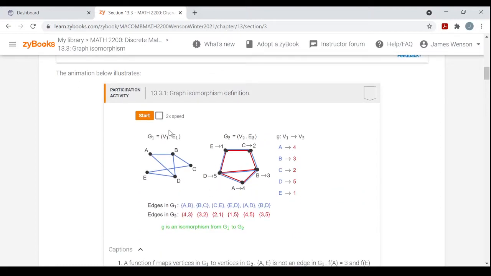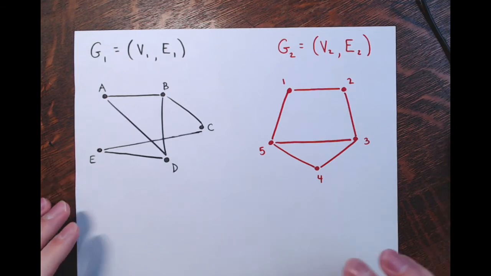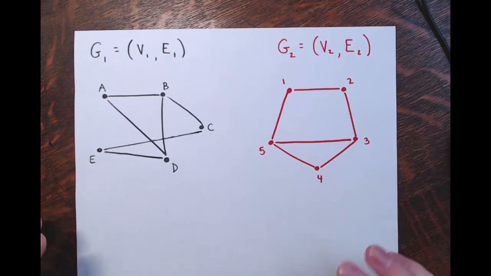So I'm actually going to draw this out, and I'll establish this isomorphism, show these graphs are isomorphic on a piece of paper. So here are the two graphs we were given before the animation in that activity.